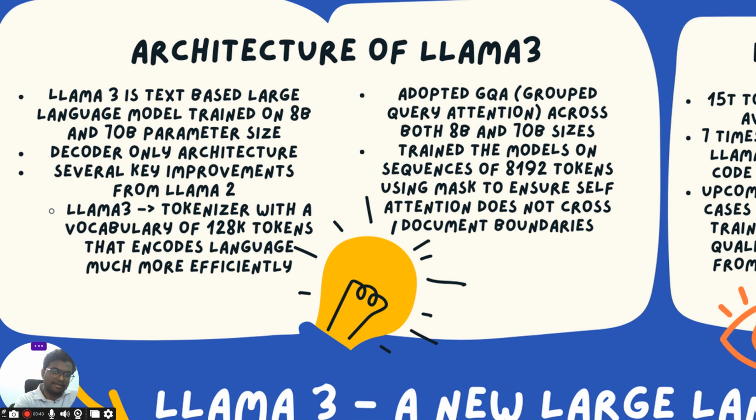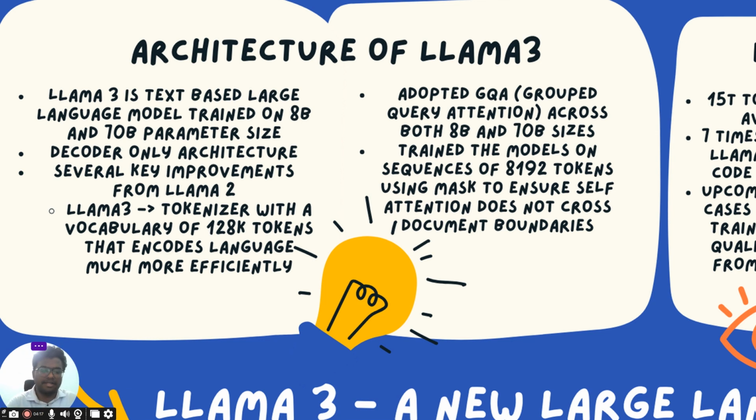Whenever we are entering the research phase, we need a basic understanding of where the research comes from. That's why, whenever we look at any new LLM, I want to know about its previous architecture and how it has evolved into the new architecture. So, as I said, Llama 3 is a text-based large language model trained in two different parameter sizes.